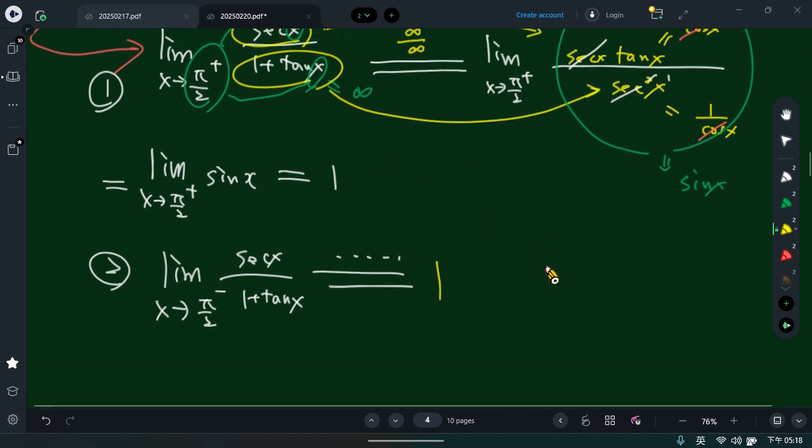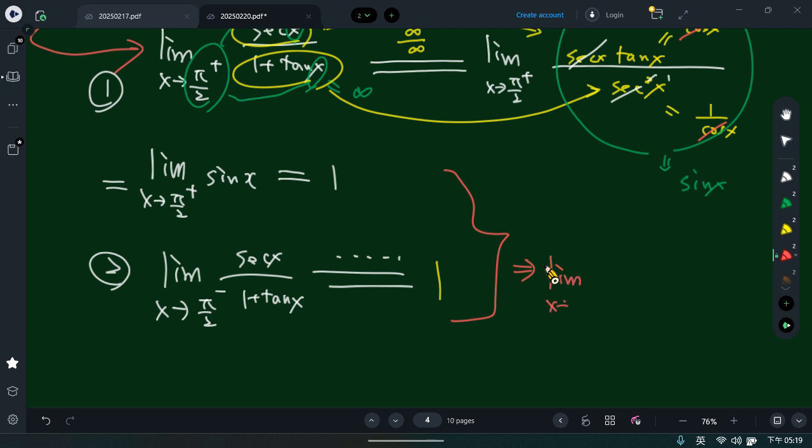So eventually, we get these two results. So we can conclude the limit as x is approaching 1/2 pi of secant x over 1 plus tangent x is 1. Okay, so we can just stop here, and then we can conclude the final result is 1.